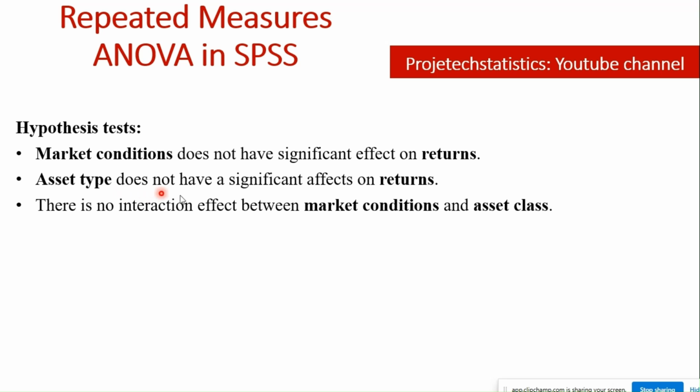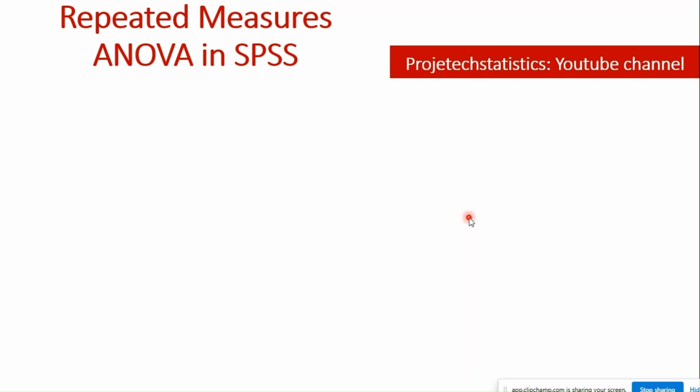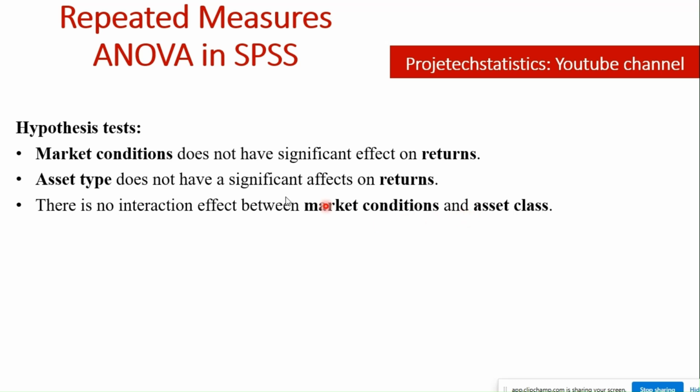Asset type does not have a significant effect on returns. There is no interaction effect between market condition and asset class. So this is a typical hypothesis test for a two-way repeated measures ANOVA.